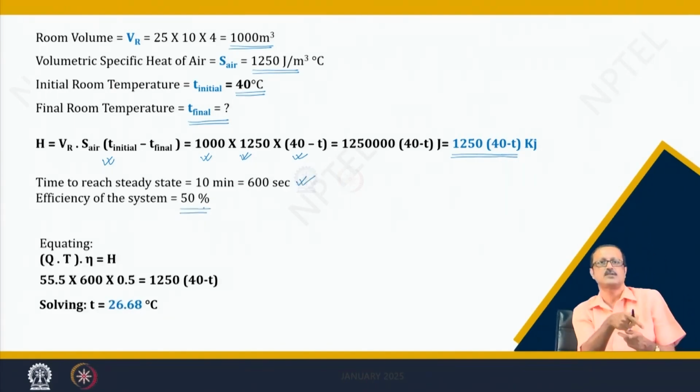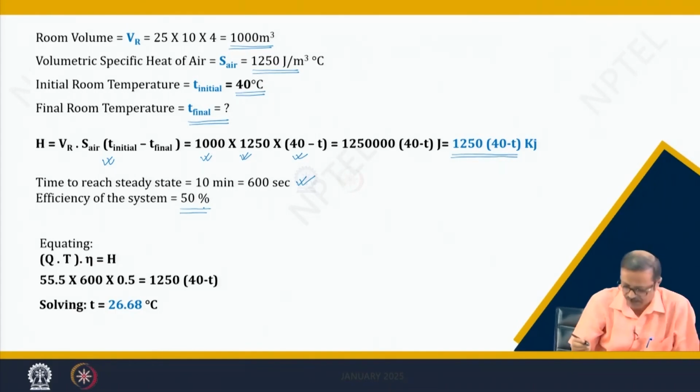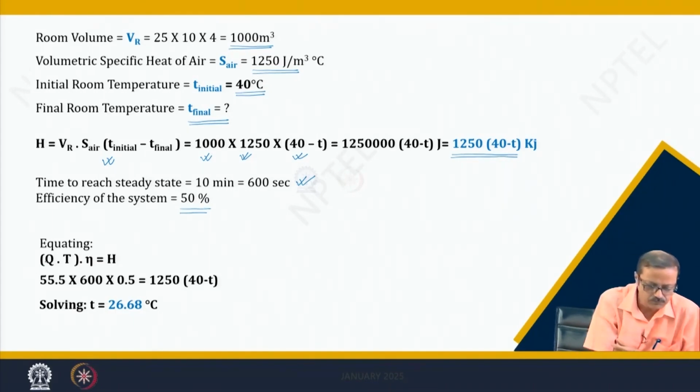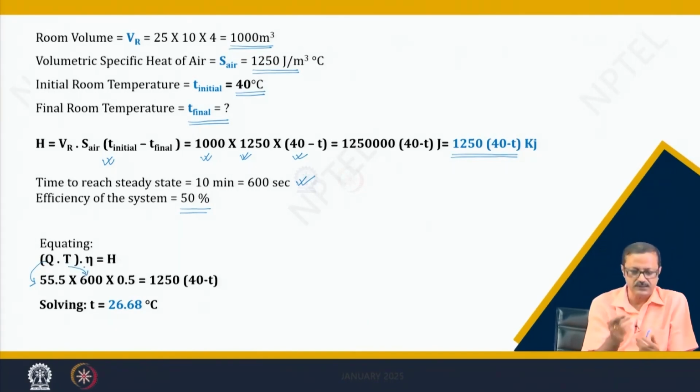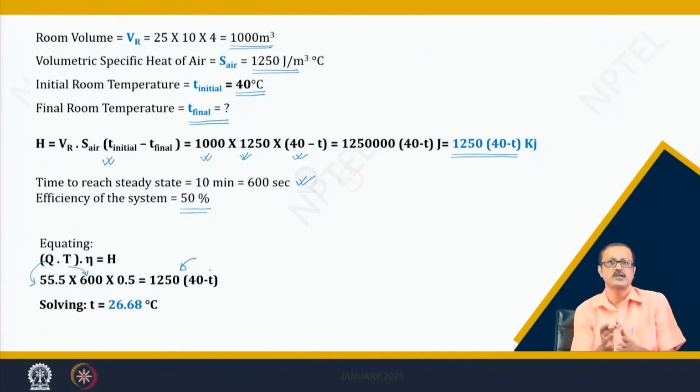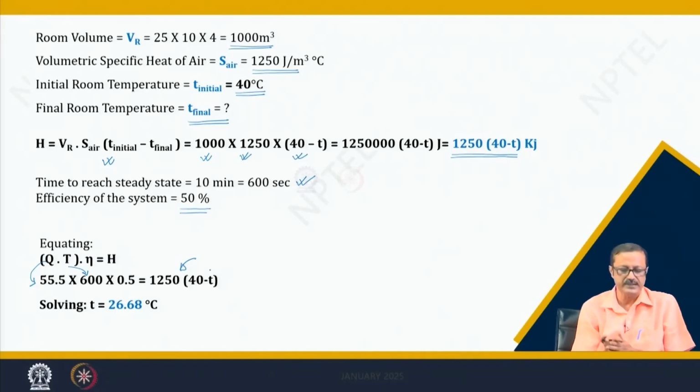So, I go back to the third formula where Q is 55.5, T is 600 second, eta, the efficiency factor, is 0.5, and the total H is there, and the only unknown is T. By solving, I got T as 26.68 degree, which is far below that 40 degree.